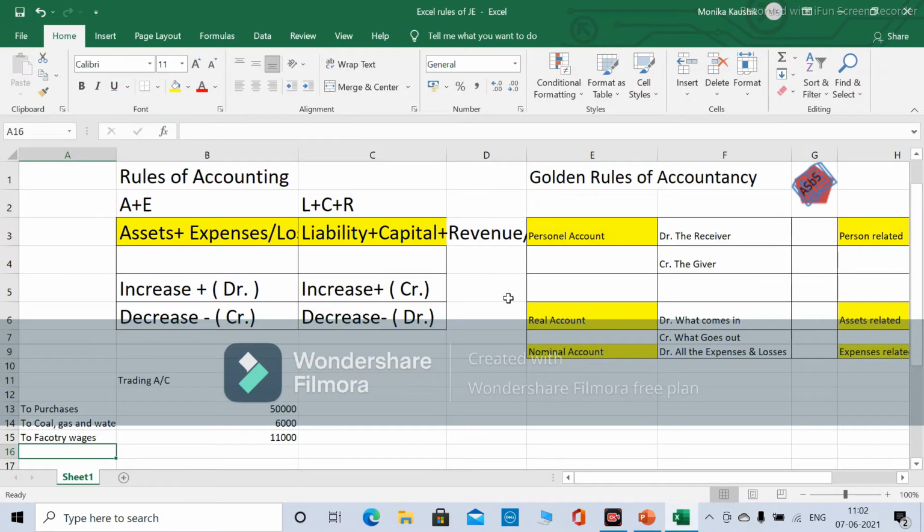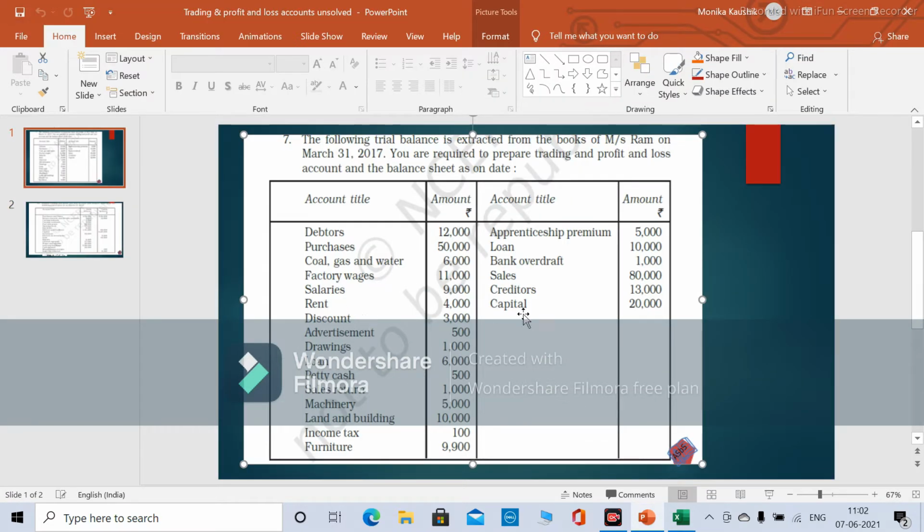Salaries are indirect expenses. Rent, indirect expenses. Discount, indirect expenses. Advertisement, indirect expenses. Drawings will be deducted from the capital plus net profit in the balance sheet. Loan is a balance sheet item, petty cash is a balance sheet item, an asset. Sales return we will have to deduct from the sales.